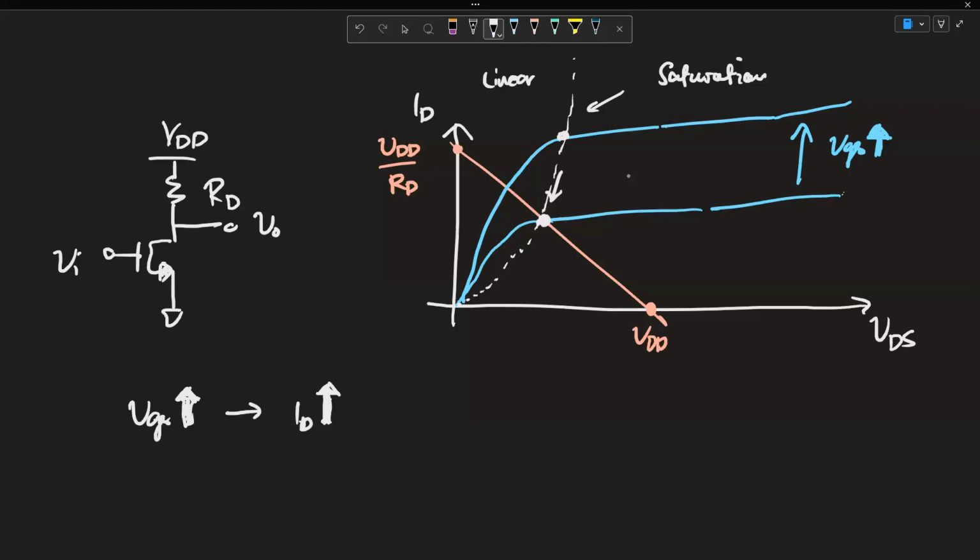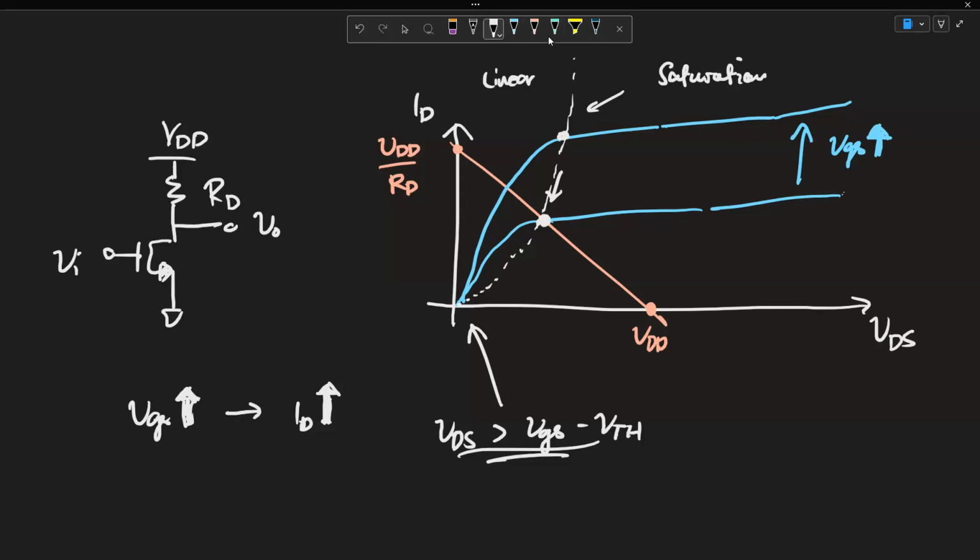Well, because VDS has to be greater than VGS minus VTH, no? Which leads to the condition changing as you increase VGS. So the difference between linear and saturation is actually a quadratic plot.